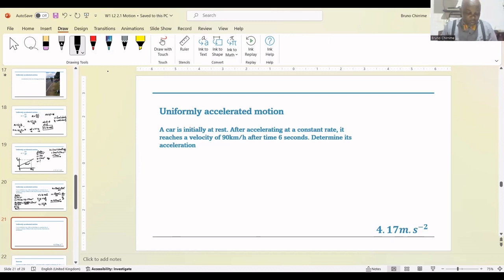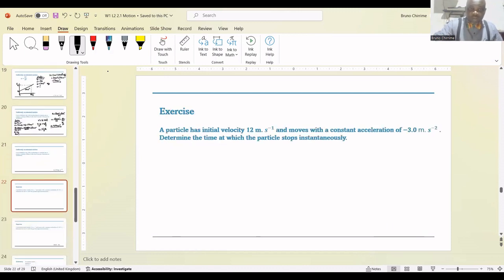Determine the time at which the particle stops instantaneously. Let's check how much time has elapsed. This is an exercise that can be done. We can use the same equation. The answer will be 4. You can do it and check.